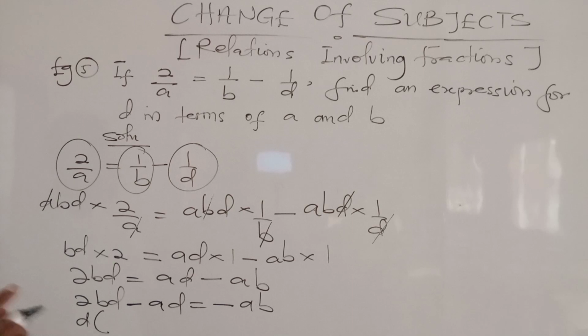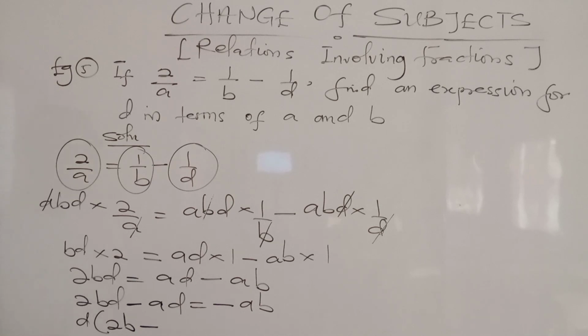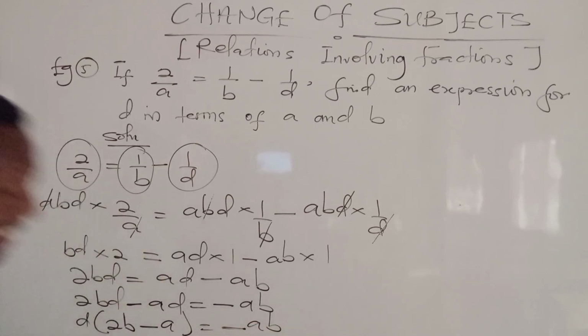I'll ask myself, what will I put here so that when I multiply it by the D, I'll get this 2BD back, and that is going to be 2B. Then bring your minus, which is here. Again, you ask yourself, what will I put here so that when I multiply it by the D, I'll get the AD back, and that is going to be A. Then you close your bracket. That's the factorization. Equals my minus AB, which is here.